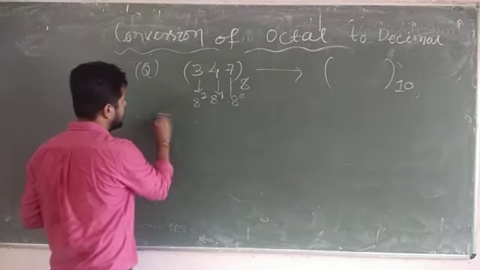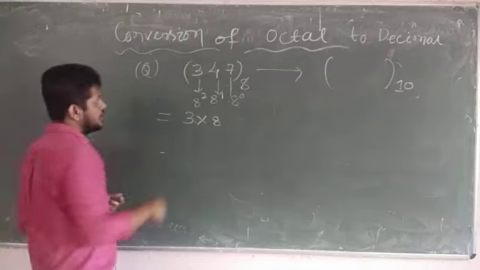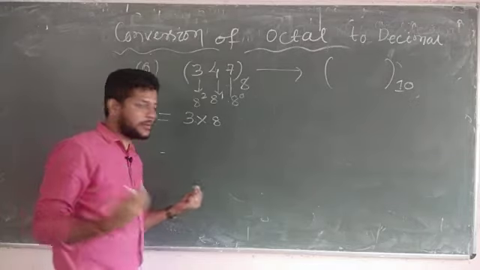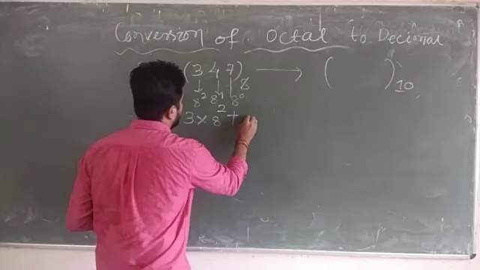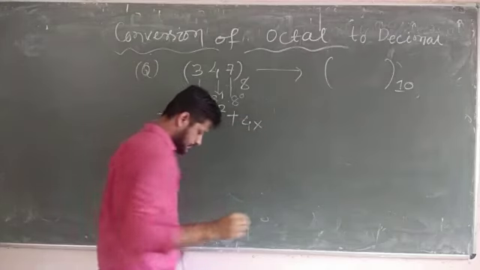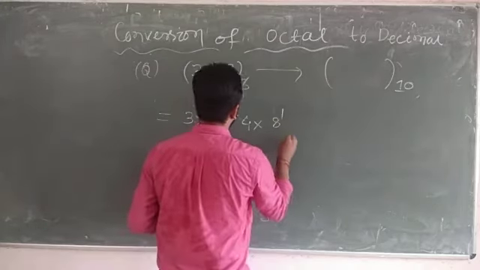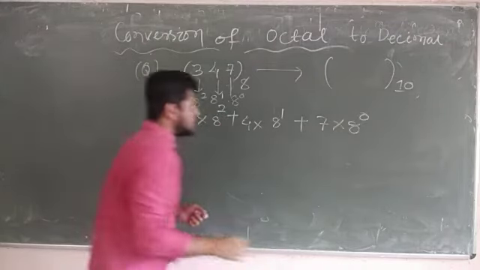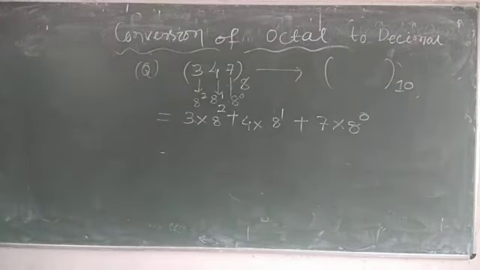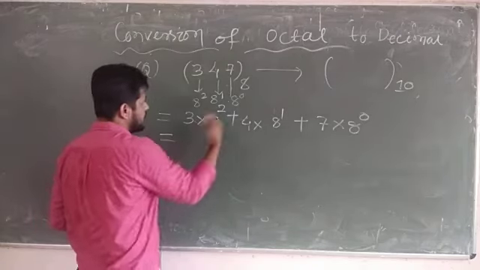So how can I write? Each positional weight is multiplied with the corresponding digit and then finally add. So 3 into 8 square plus 4 into 8 to the power 1 plus 7 into 8 to the power 0. 8 square means 64.